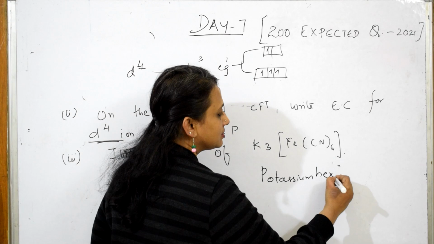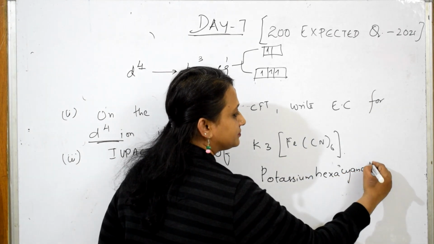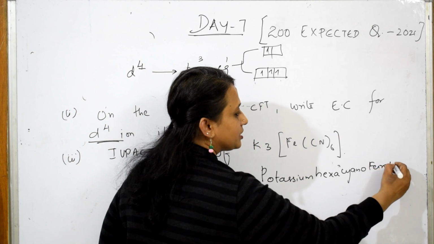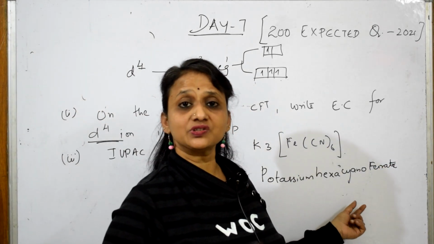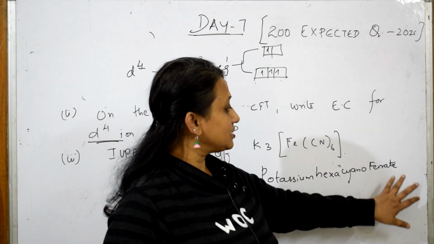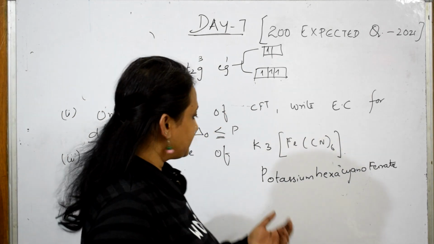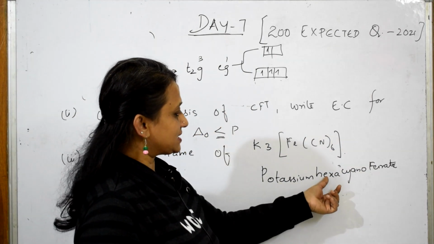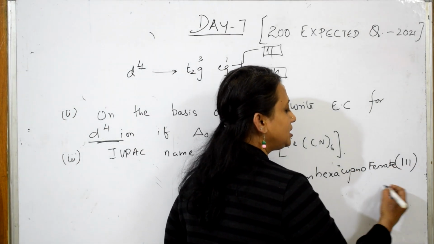Hexacyano ferrate, because we remember for negative ligands we use cyano. For metal atoms we use ferrate or ate. Remember that. So potassium hexacyanoferrate(III) complex.